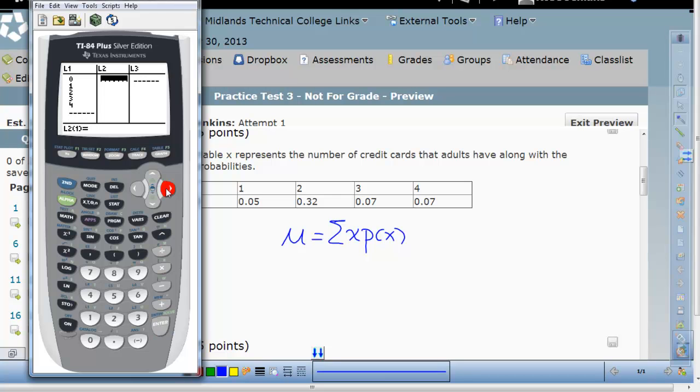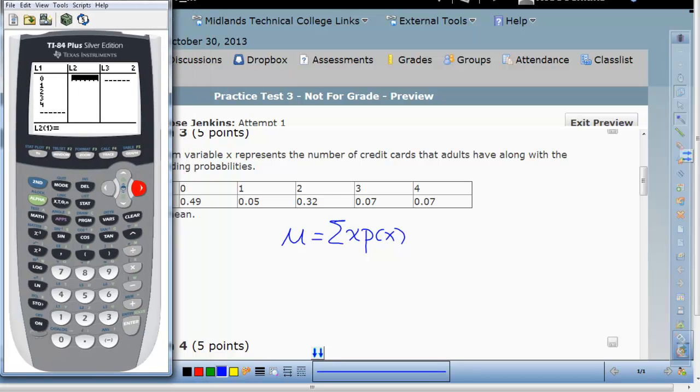And my probabilities are, okay, 0.49, and 0.07. All right. And we should probably check to make sure that those probabilities add up to 1, to make sure that it's a valid probability distribution.